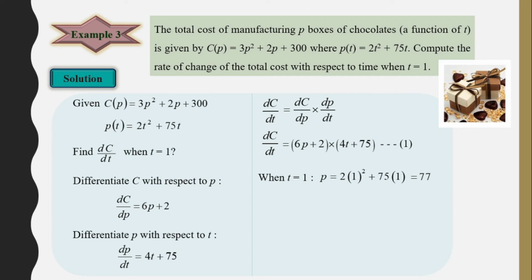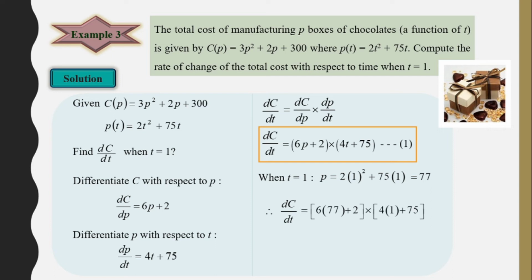Lastly, we substitute all the known values into equation 1 and get dC/dt equal to (6 times 77 plus 2) times (4 times 1 plus 75), which is 36,656.